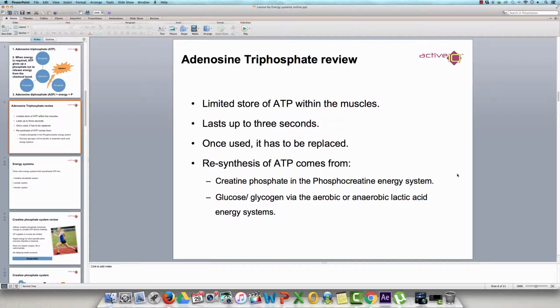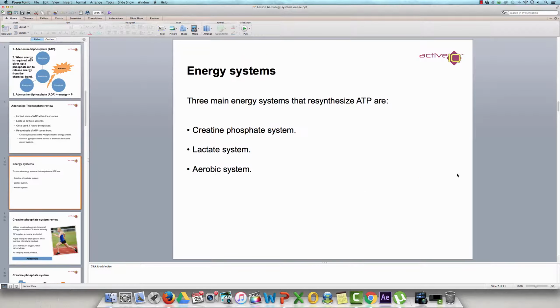Those are our 3 energy systems that are all trying to create more ATP dependent on the demands of the activity. I'm going to break down each of the energy systems in more detail. Those are the 3 on there just for you to take a look at.